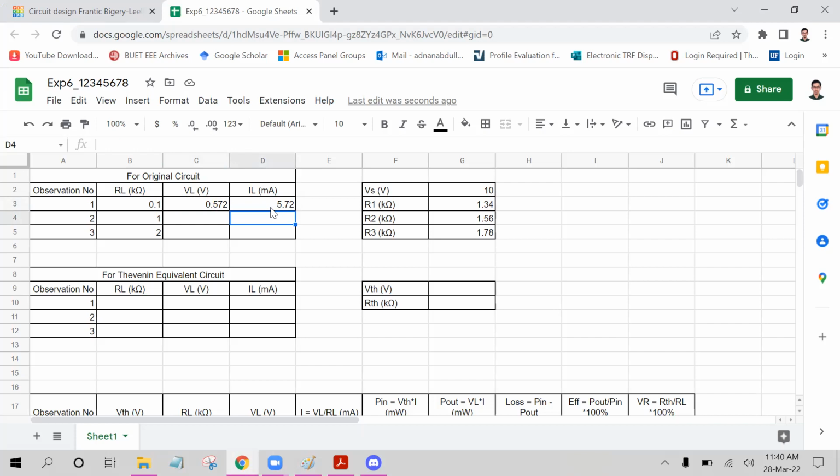No, sir. Thank you. So everyone, please complete observation number 2 and 3. What you need to do is simply change the load resistor value, observe the voltage from the multimeter, and then calculate the current using Ohm's law. I hope this won't take more than 2 or 3 minutes. So everyone, please complete it. In the meantime, if anyone has any question or any difficulty, you can tell us.